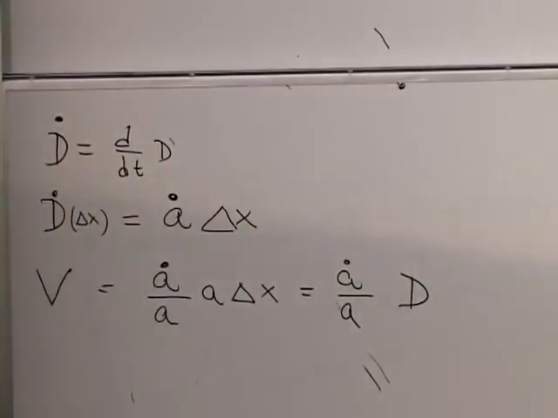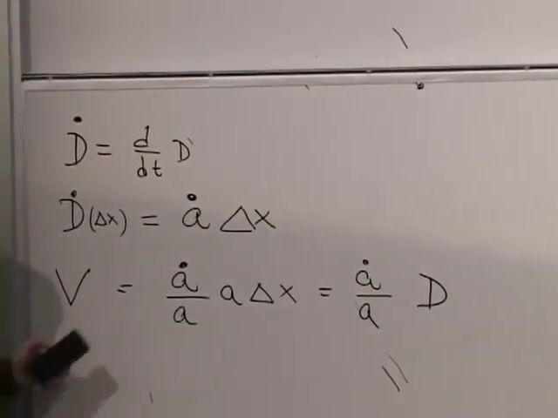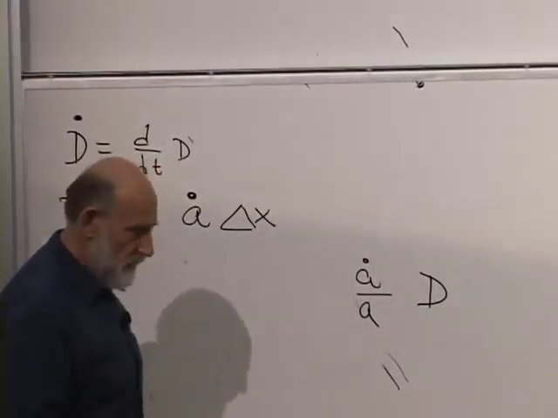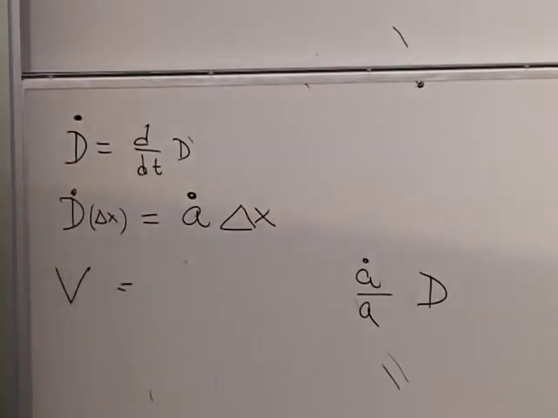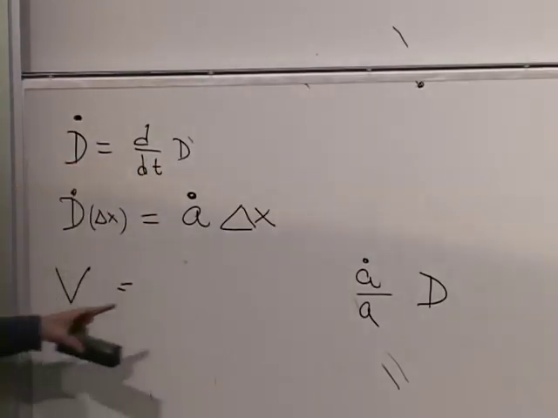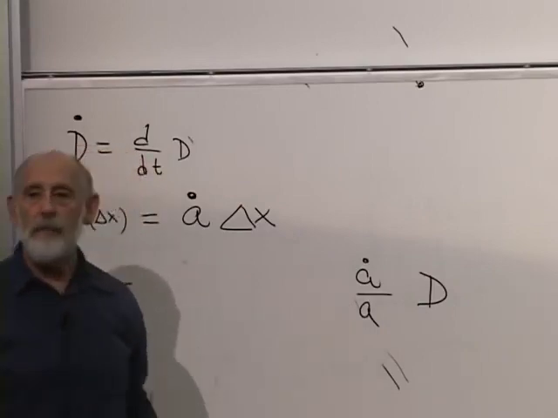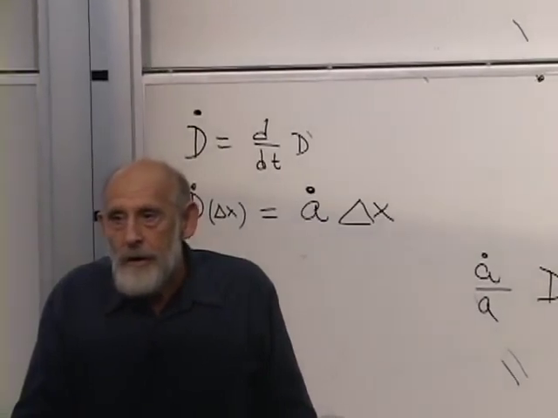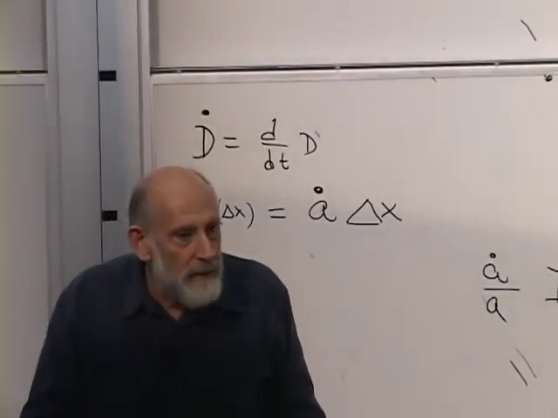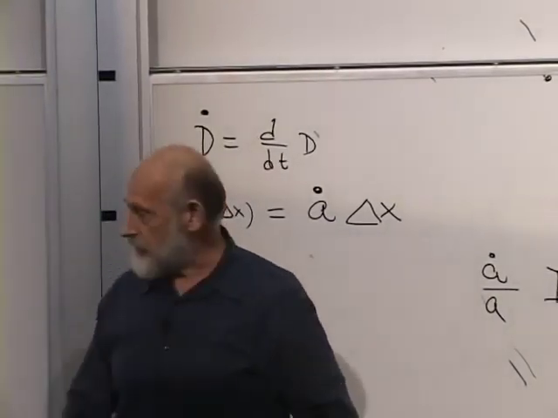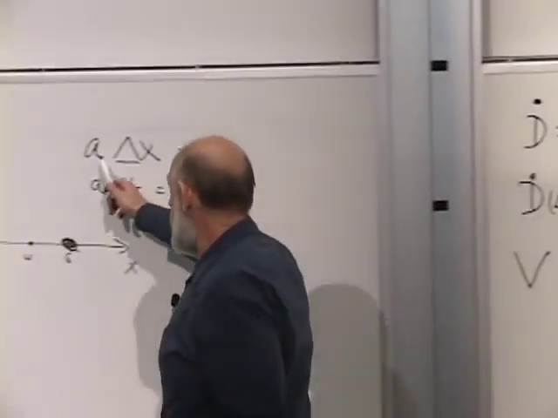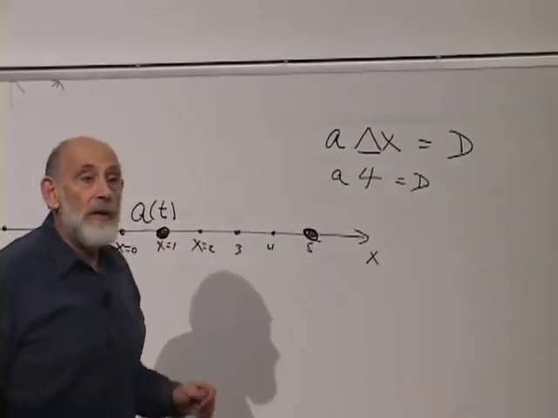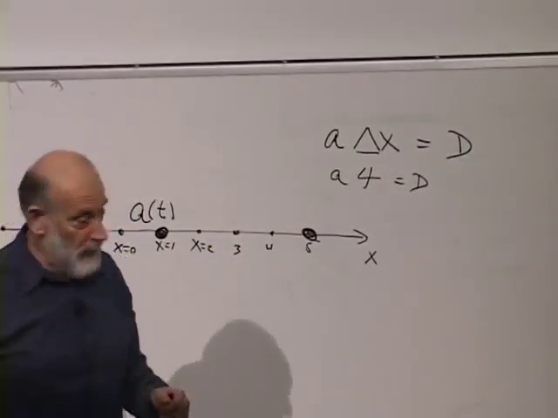Now I've discovered something interesting. Well, I haven't discovered anything interesting yet, but I will have in a moment. Do a dot and a depend on which galaxies I'm talking about? No. a and a dot are the same for every galaxy. a is just the distance between neighboring galaxies, but it doesn't depend on which galaxy we're talking about.